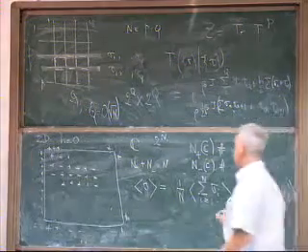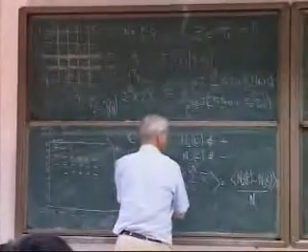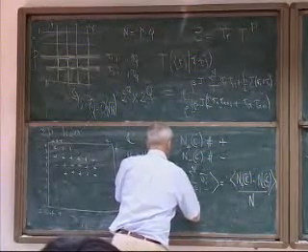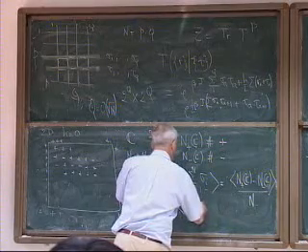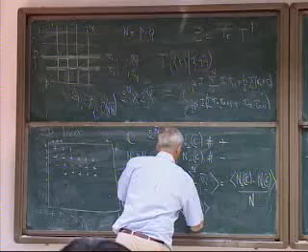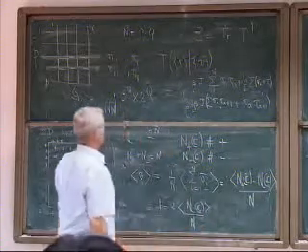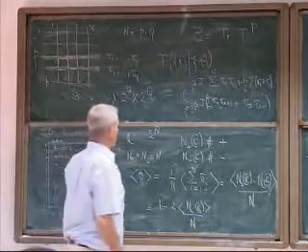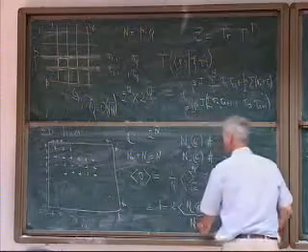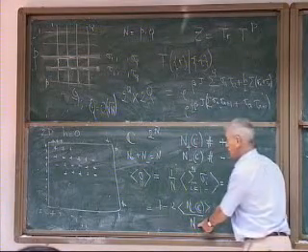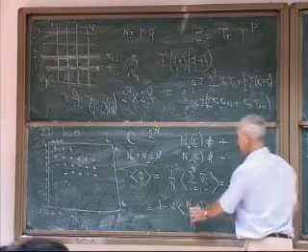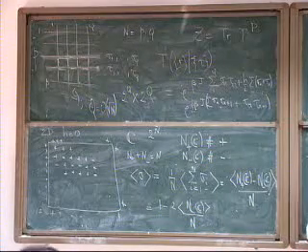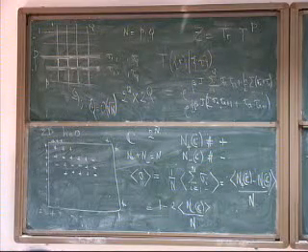And I can eliminate n plus, which is n minus n minus, and I find 1 minus 2 n minus of C over n. So if I can prove that this ratio is smaller than 1/2, I win. If you can prove that this ratio is bounded by 1/2, then I've proven that there is a spontaneous magnetization.